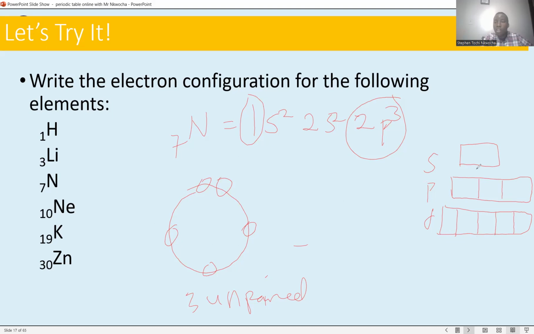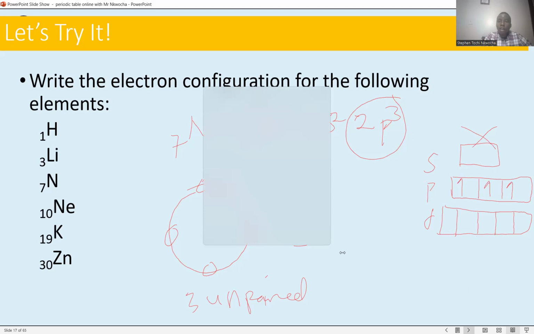Now, this electron is on p, so I don't care about this guy here. So I should go straight to the p orbital. So now I have 3 electrons. So I fill this 1, 2, 3, and my electrons are complete. In that way, very simple. It is still 3 unpaired electrons. I cannot pair them because I don't have any more electrons.